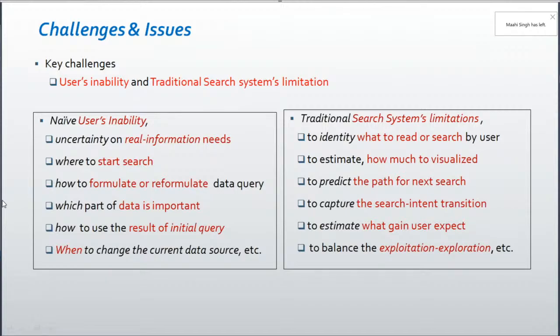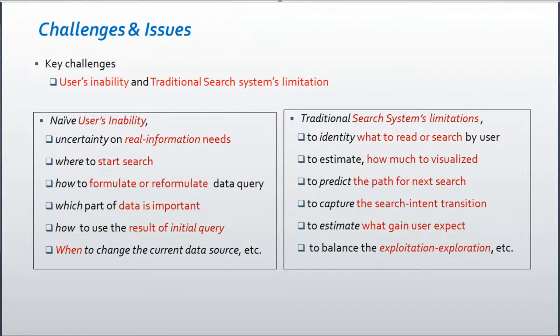So at the system side, it is critical to identify what to read or search by the user. Can we have some kind of algorithm, formulation or modeling which can understand what to read or what to search? I mean, to understand the user's need, we can design some kind of mechanism.